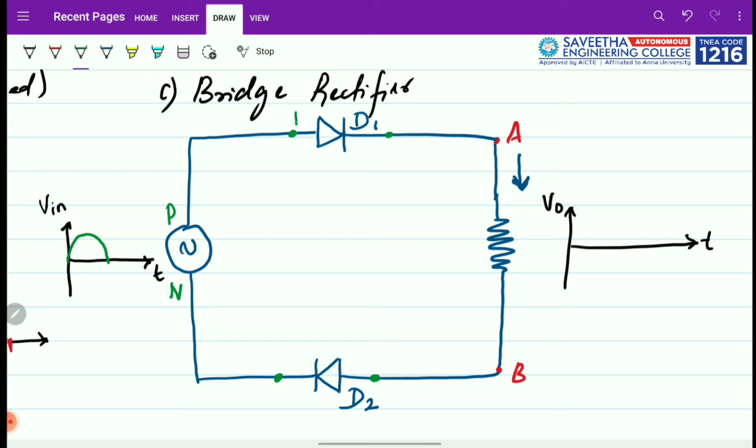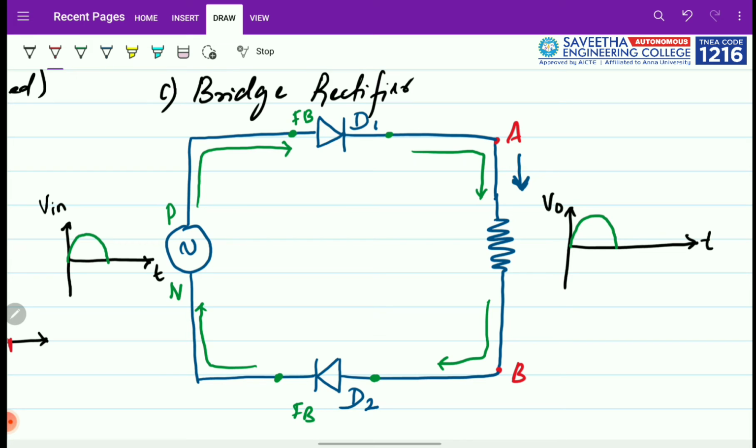Since they are forward biased, the current can go through the load, then return back to the source through D2. So the full voltage is applied here, and that's why the output voltage can draw the full voltage being converted in the first half cycle.